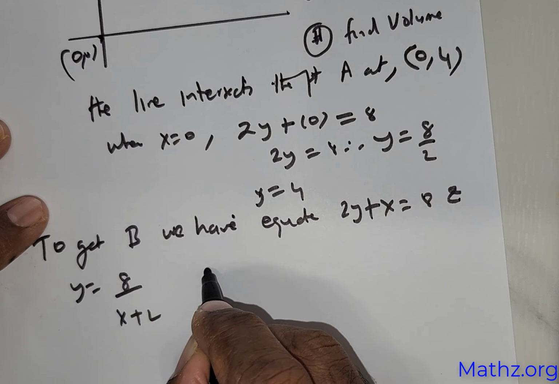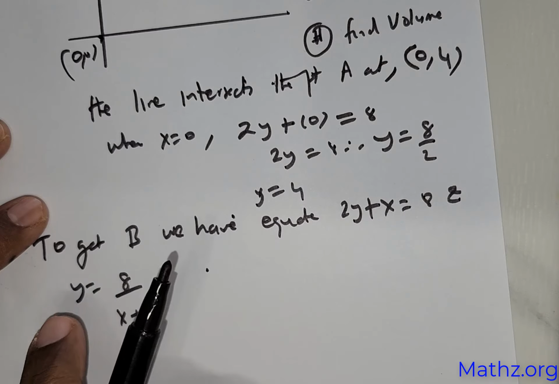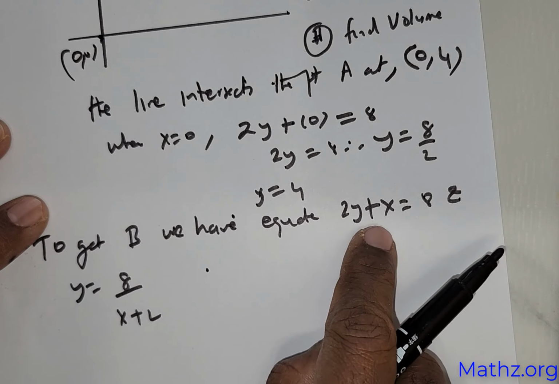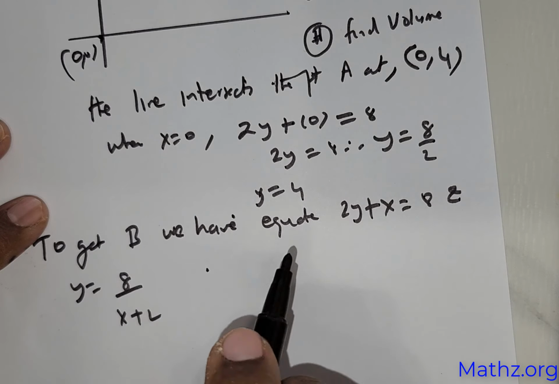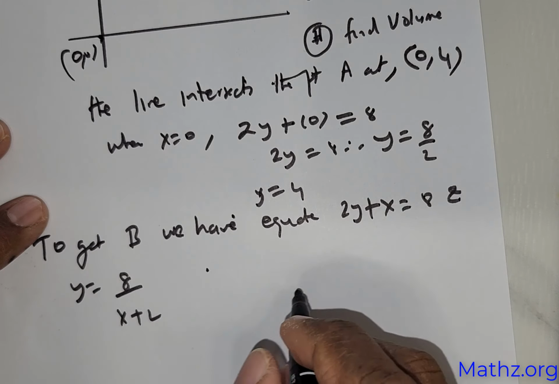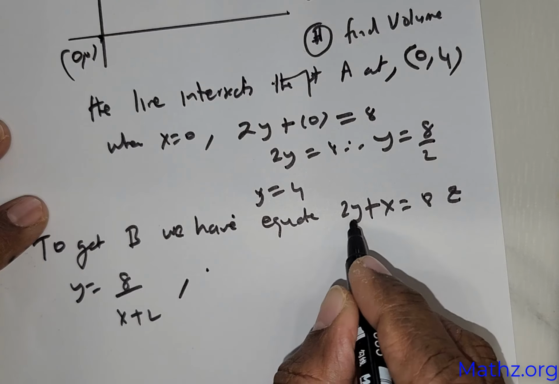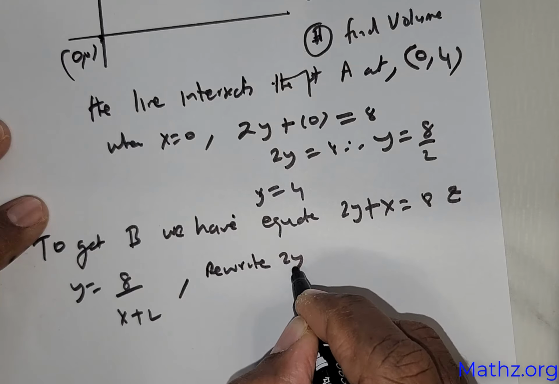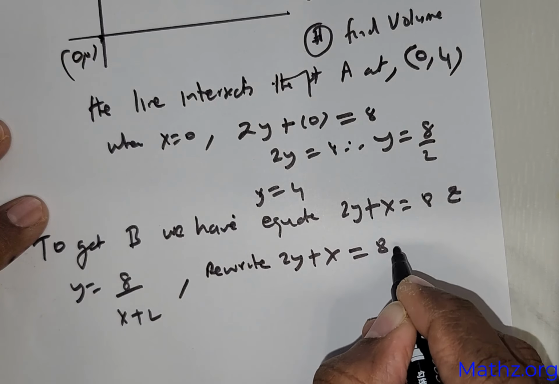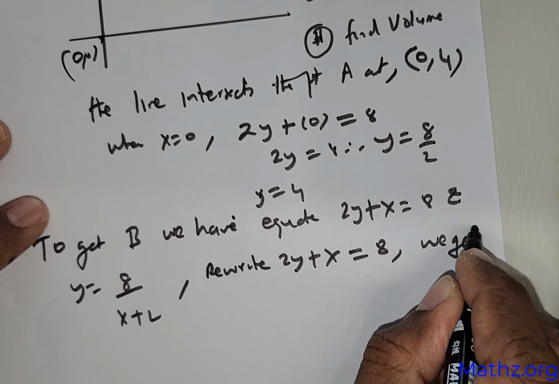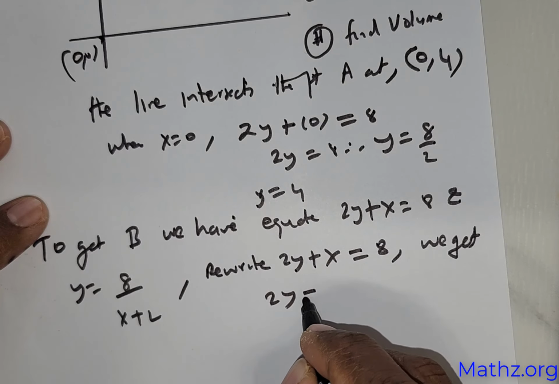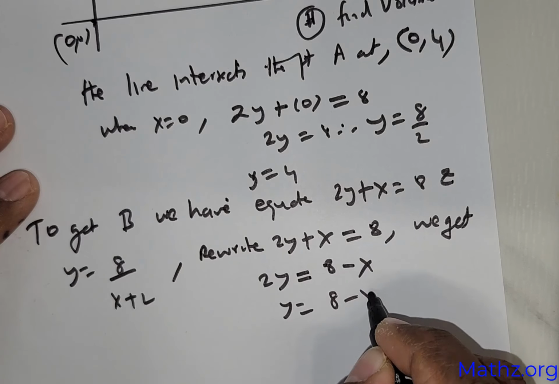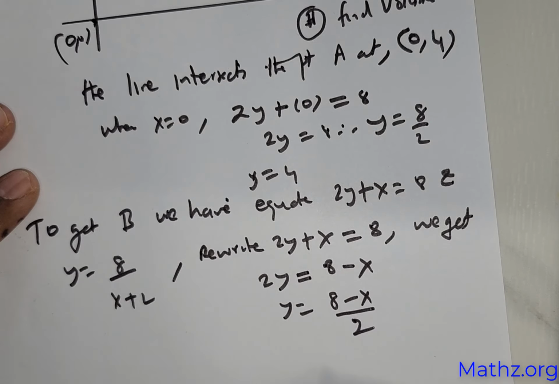So what I'm going to do is take this y and substitute it in 2y + x = 8. Or what you can do is rewrite this. So rewriting 2y + x = 8, we get 2y = 8 - x, y = (8 - x) over 2.